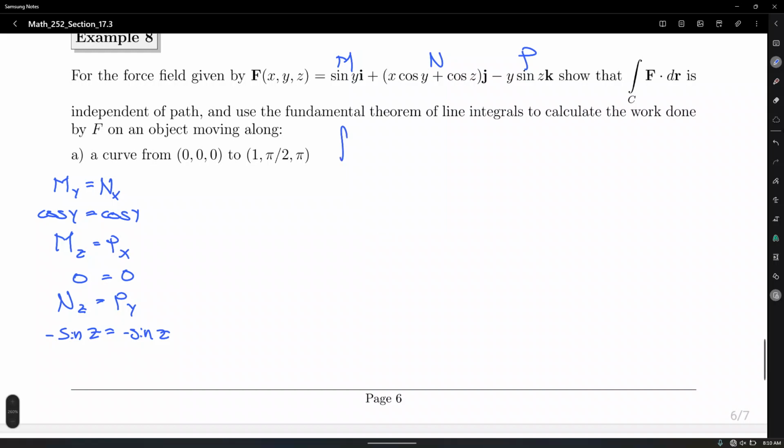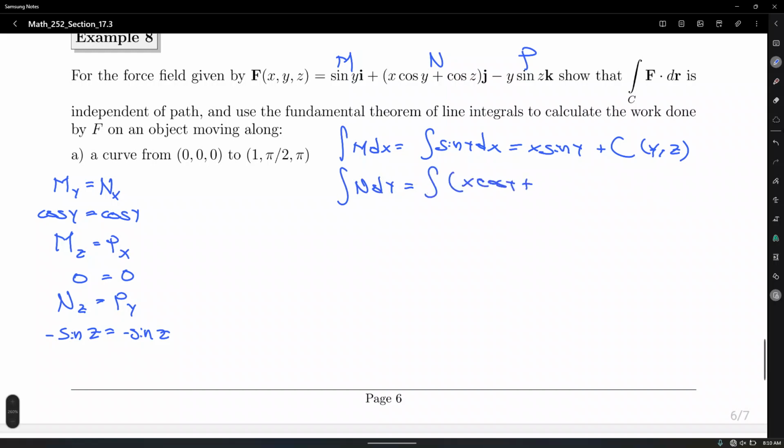Let's do the partial integration. So m with respect to x, that equals the integral of sine y dx, that is x sine y, plus a constant that depends on y and z. The integral of n dy, that's the integral of x cosine y plus cosine z dy.